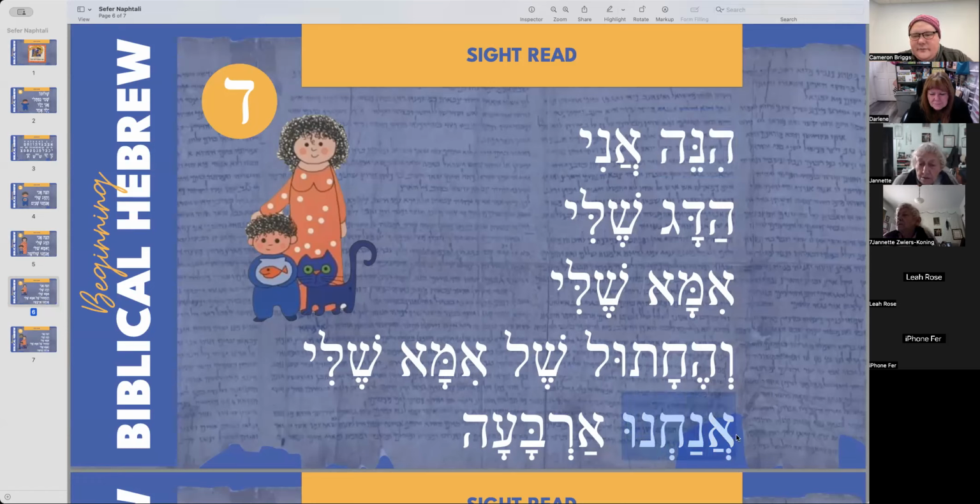So we're not memorizing this perfectly. We're just sight reading for now and getting to know what these words mean. If it has the vowels, then I can sound it out, but that doesn't mean that I know what it means. And so eventually we start taking a look at it.